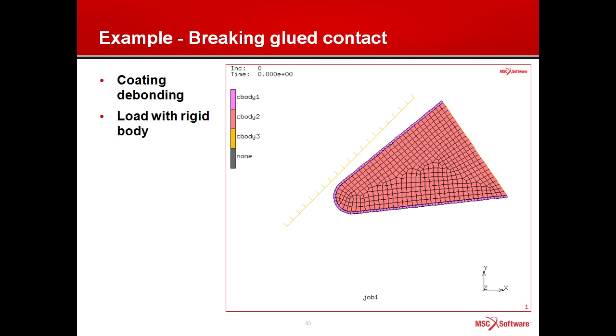Here's an example of how you might apply this. I have a component and I have a layer, a coating, bonded to it. I have some suspicion my delamination will occur at that bonded interface. So I've glued these two components together, and let's go ahead and load it with a rigid body.